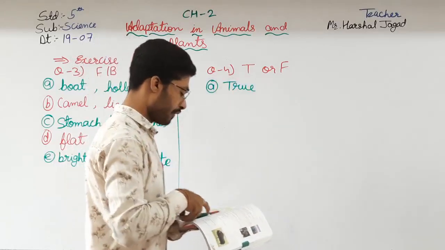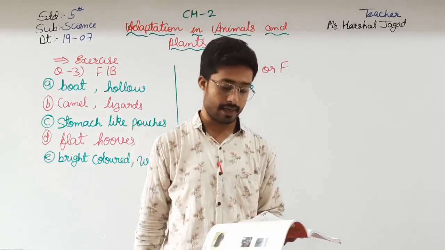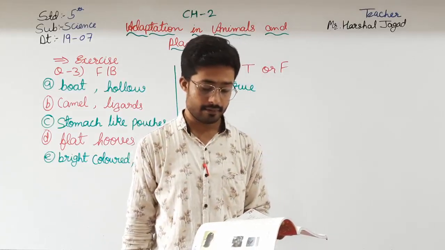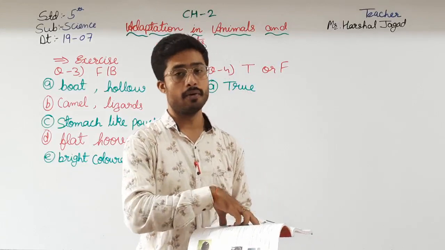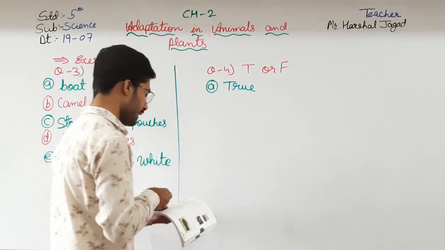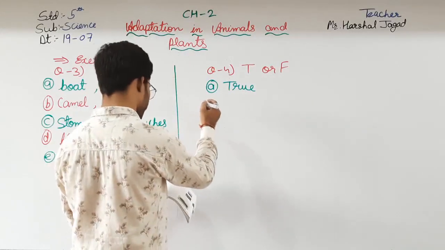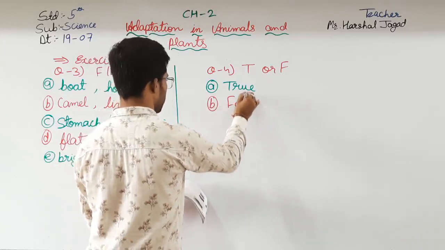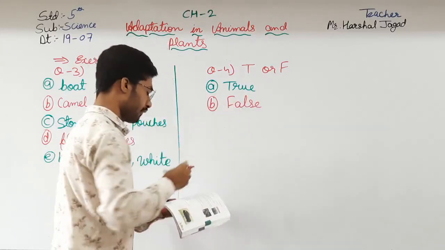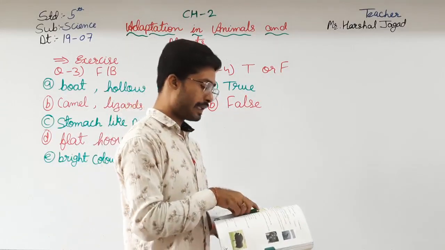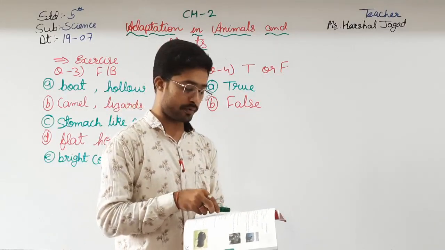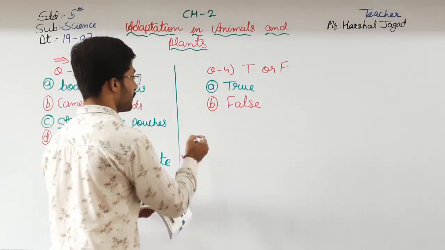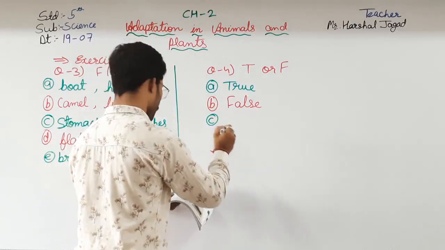Okay. Then after, lizards and kangaroo rats live in the desert feeding during the day. No. They feed at night when they feel safe. B, that is false. Then after, C, cactus has short roots. No, that is also false. That has long roots.